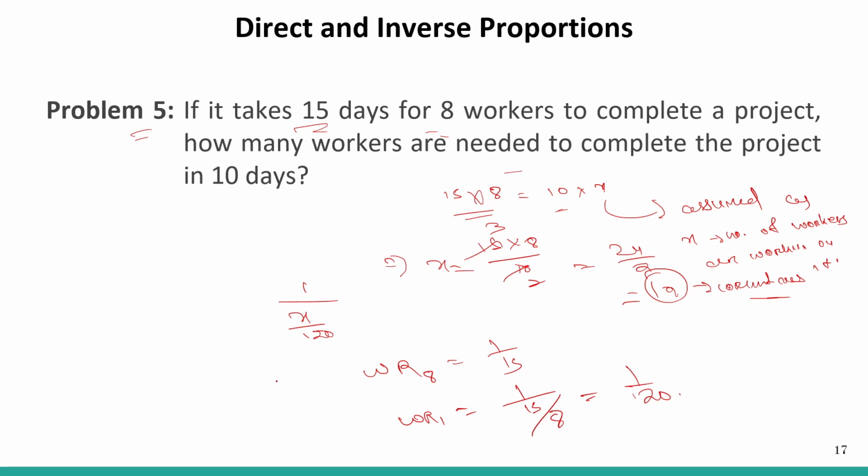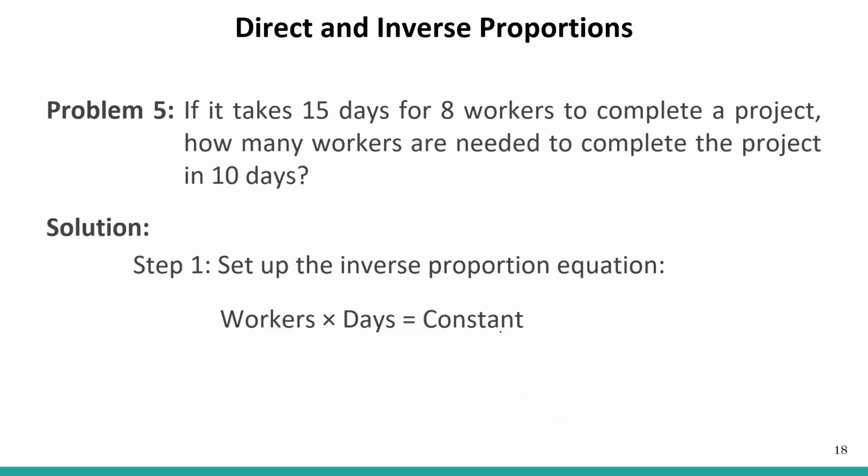In order to cover this in 10 days, we only need 12 workers. So X by 120 is equal to 1 by 10, which implies that X is equal to 120 by 10. So X is equal to 12, the final answer.